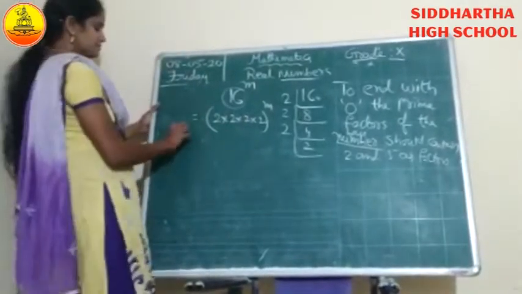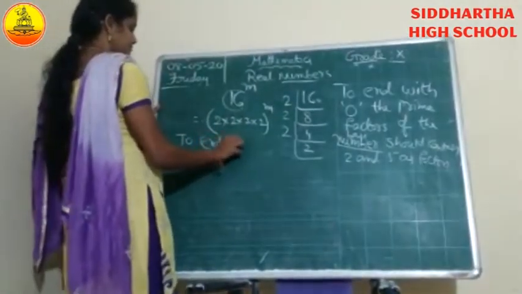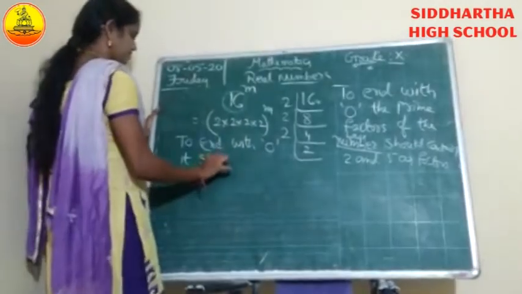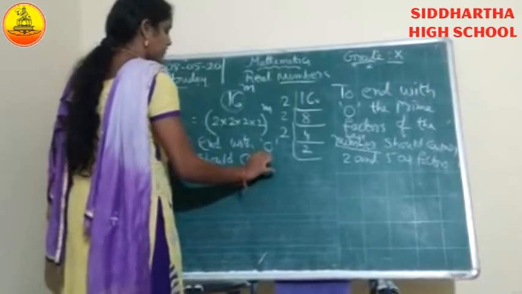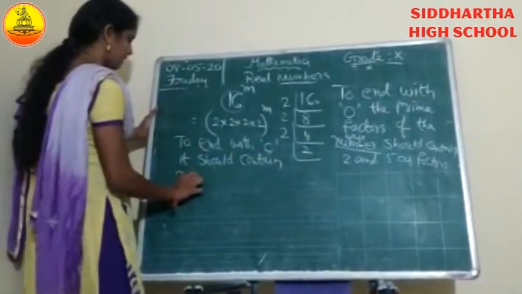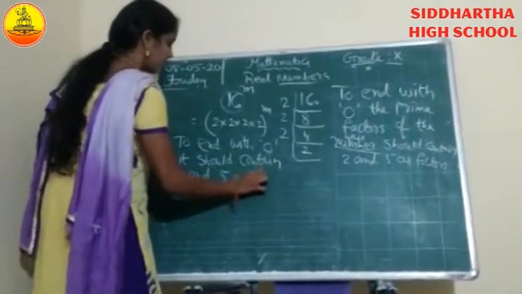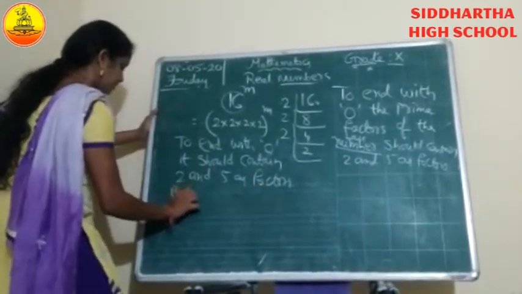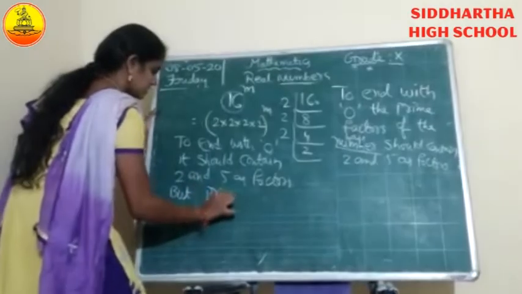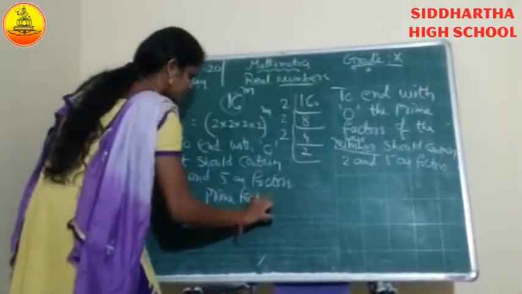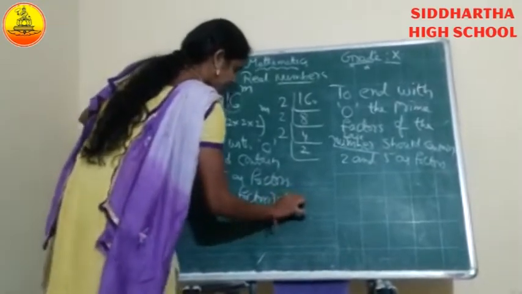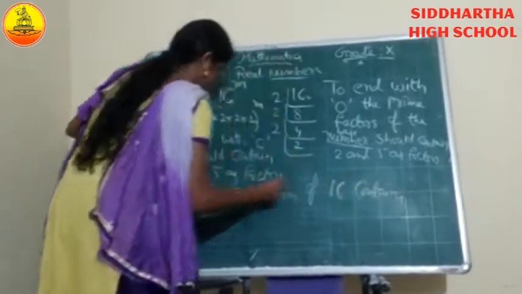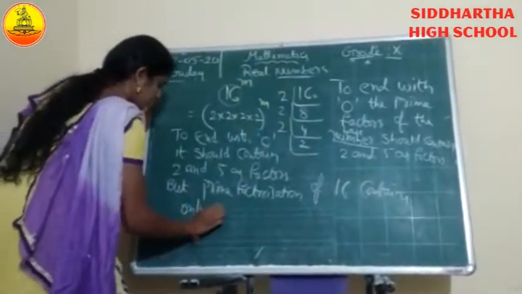What you have to write: to end with 0, it should contain 2 and 5 as factors. The prime factorization of 16 contains only 2 as a factor.